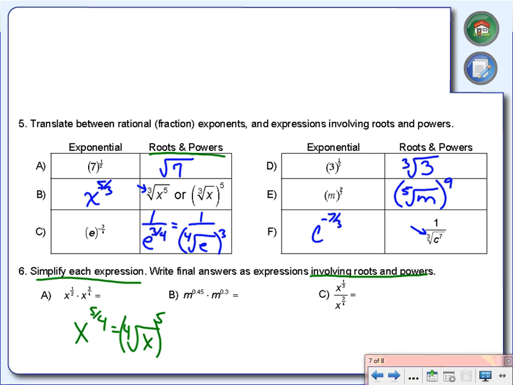Let's do the same thing with this next one here. Let's add up the exponents and let's see what we get. 0.45 plus 0.3. Samantha, what do you get when you add 0.45 plus 0.3? Okay, but give me the fraction. Use your math button to give me the fraction.